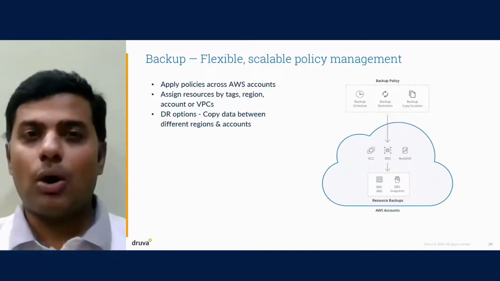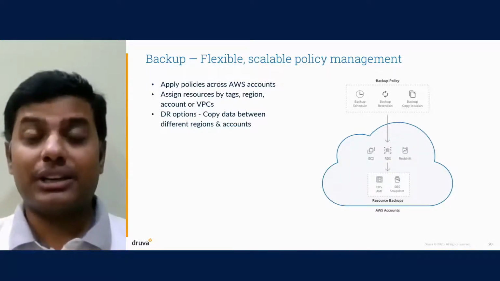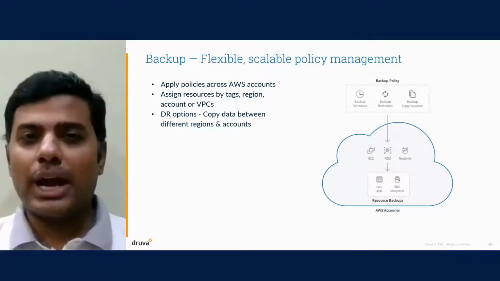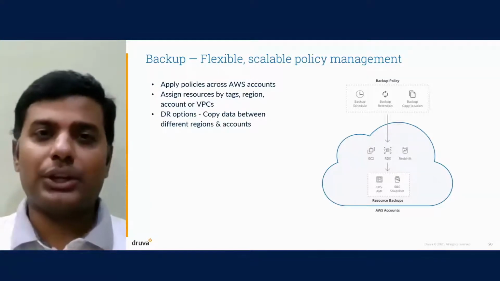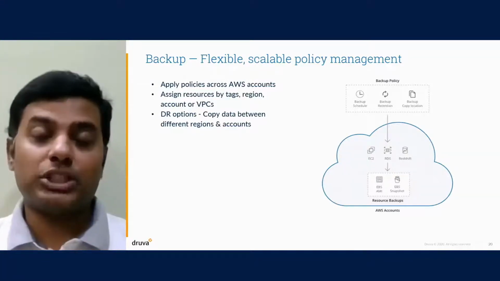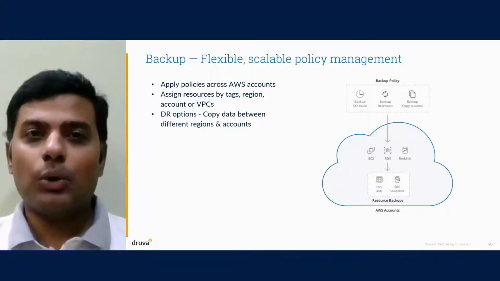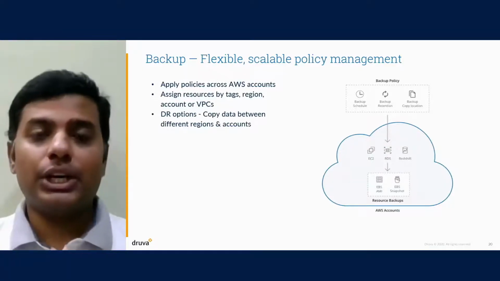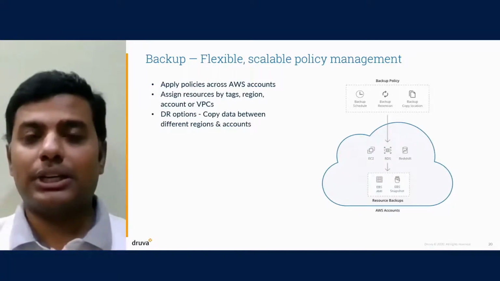You could simply say, all servers that meet a particular tag, those are the resources I'm looking to protect. And lastly, if you are in a more ad hoc environment where you don't have an effective tag-based approach, but you really want to protect at a larger environment scale, you could simply go by network options, saying use my VPC, use my subnet to protect the resources that you have.